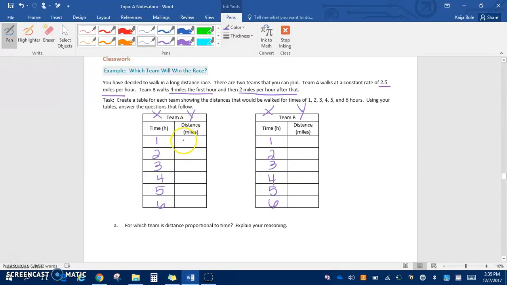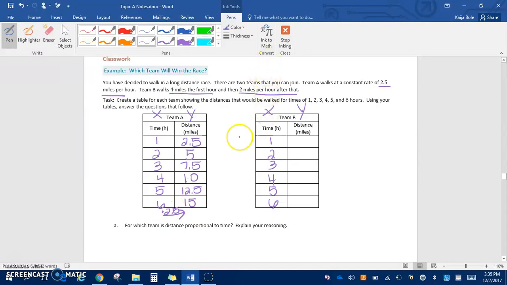So that means for hour 1, it's going to be 2.5. For hour 2, it would be 5. And then we would have 7.5, and then 10, and then 12.5, and then 15. So you can see here, as we're going across, we're multiplying by 2.5 every time.